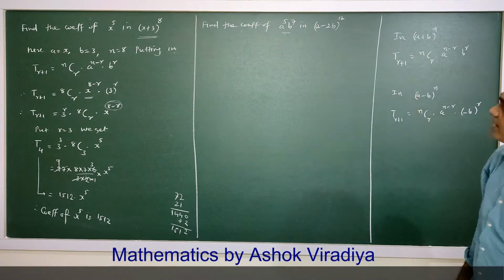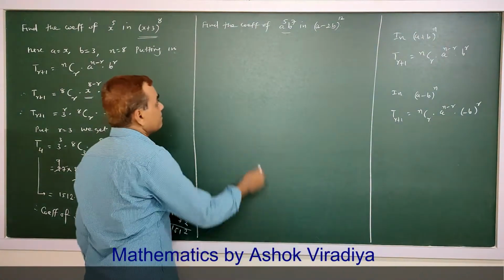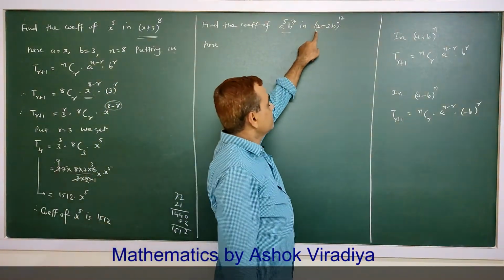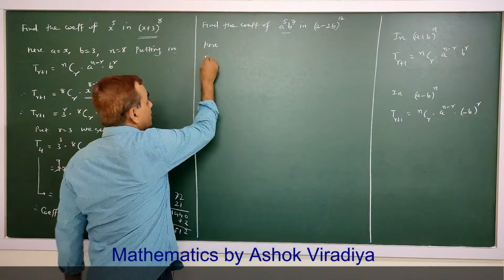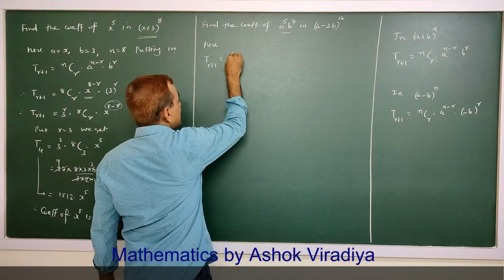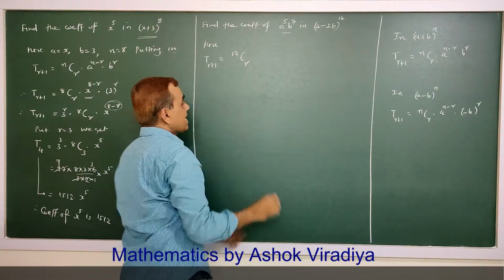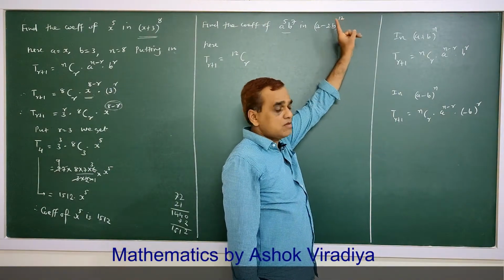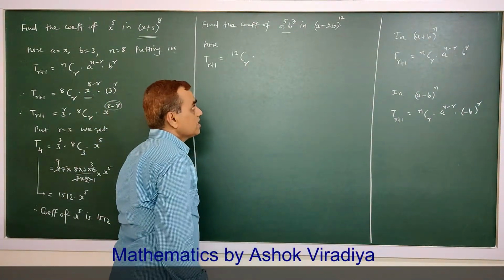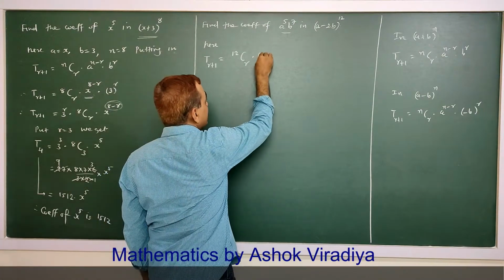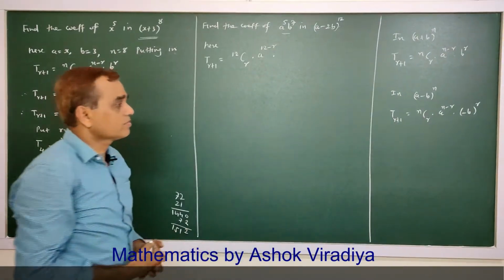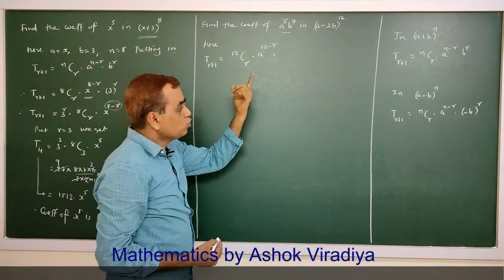So applying this formula here, a is a and b is 2b. So the formula for the r plus 1th term is nCr, n is 12, nCr into a raised to n minus r. a raised to 12 minus r into b replaced by 2b.